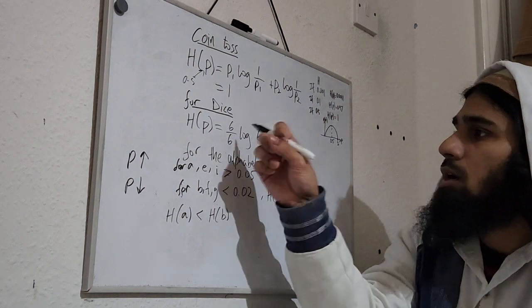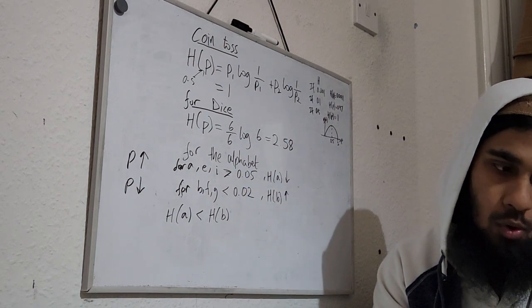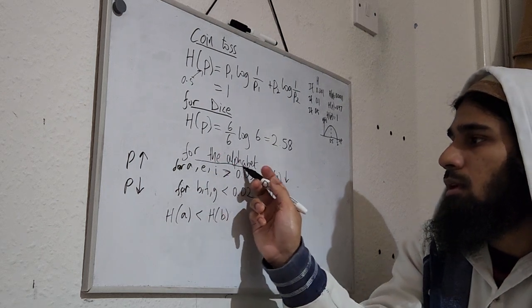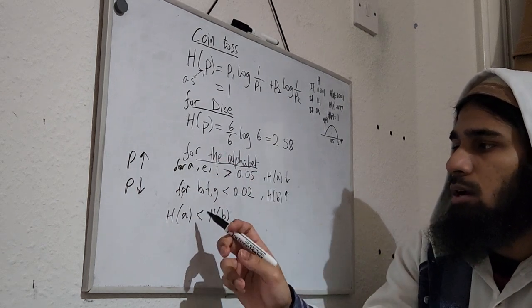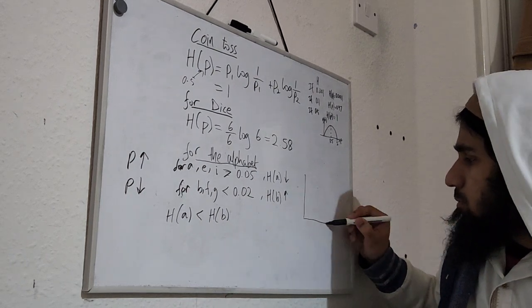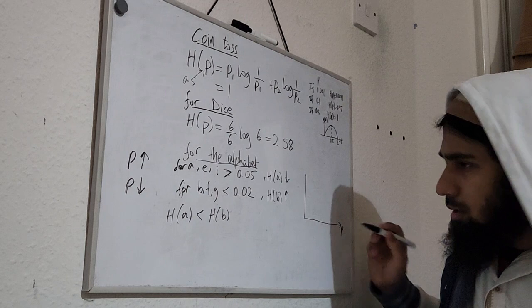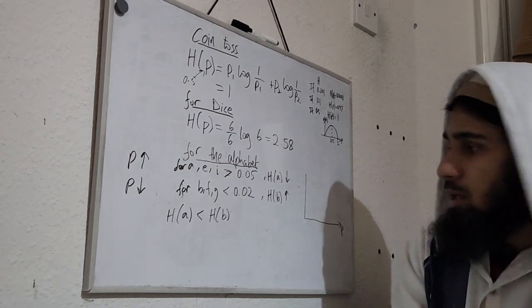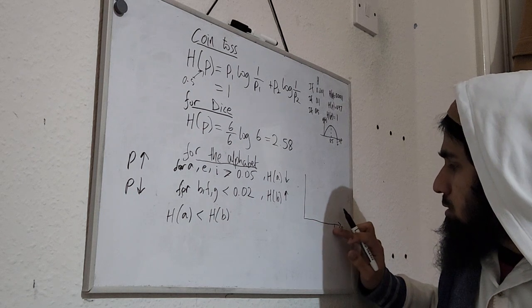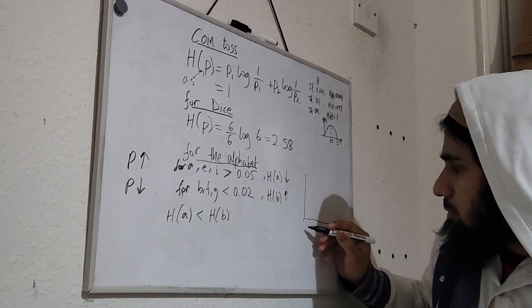You can also do that for the dice, or let's do it for the alphabet, okay? So the entropy, we know that the probability is between 0 and 1.